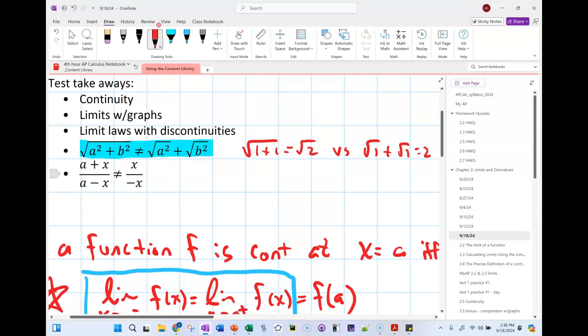The other piece that I saw people do is something like this. Saw this happen a couple of times. Again, never can do this. Again, if you wanted to try to check, let's just put some numbers in.